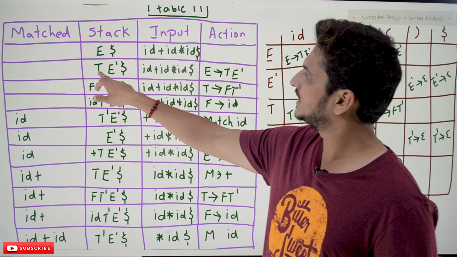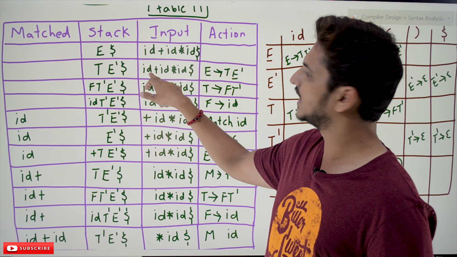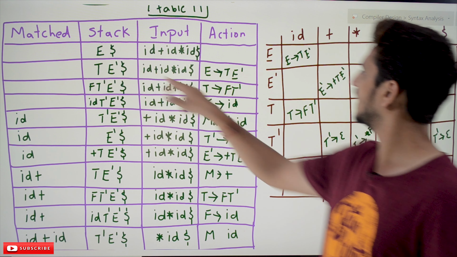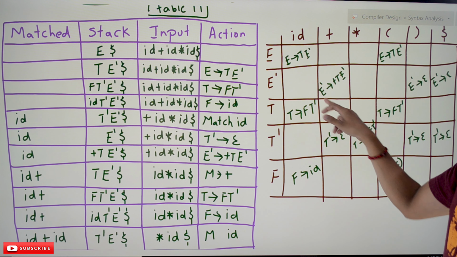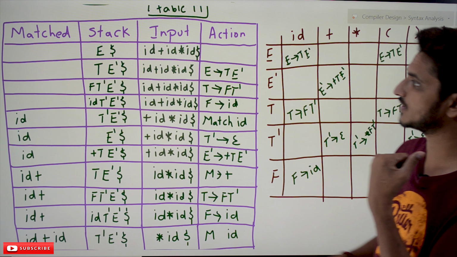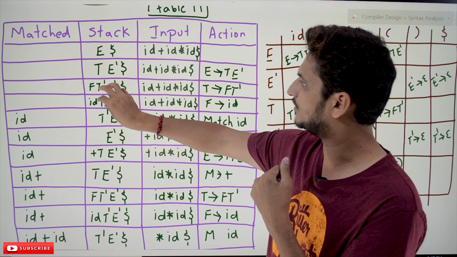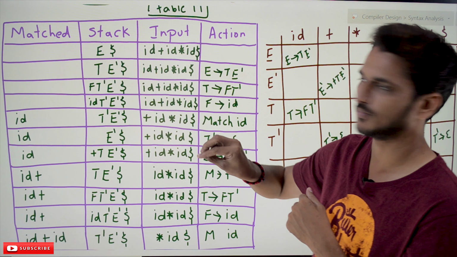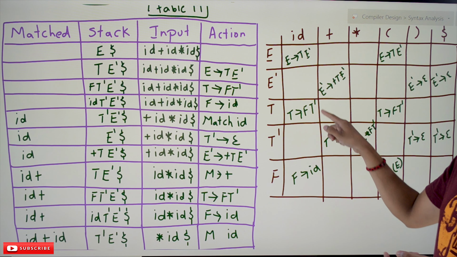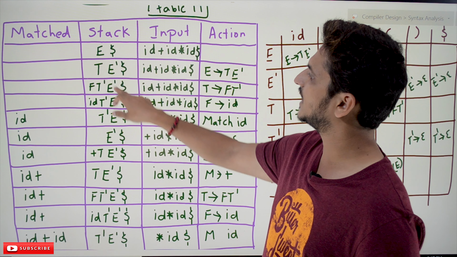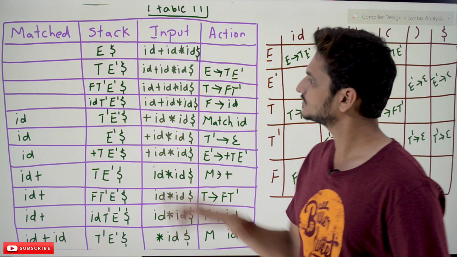Now coming to T, what is the input? ID. T, ID. What does T, ID say? T tends to F T dash. Pop the top of the stack, which means T should be popped out. In its place on the stack we push F T dash, so F T dash E dash dollar, with input ID plus ID star ID dollar.